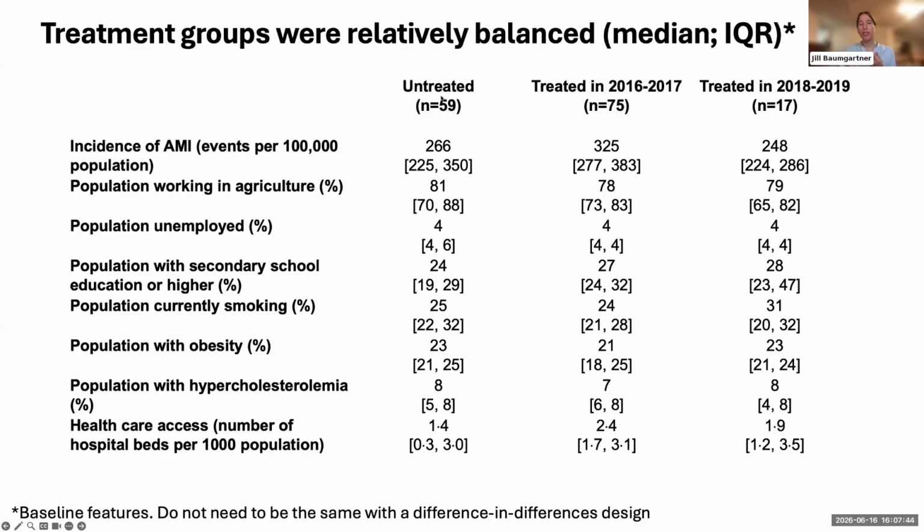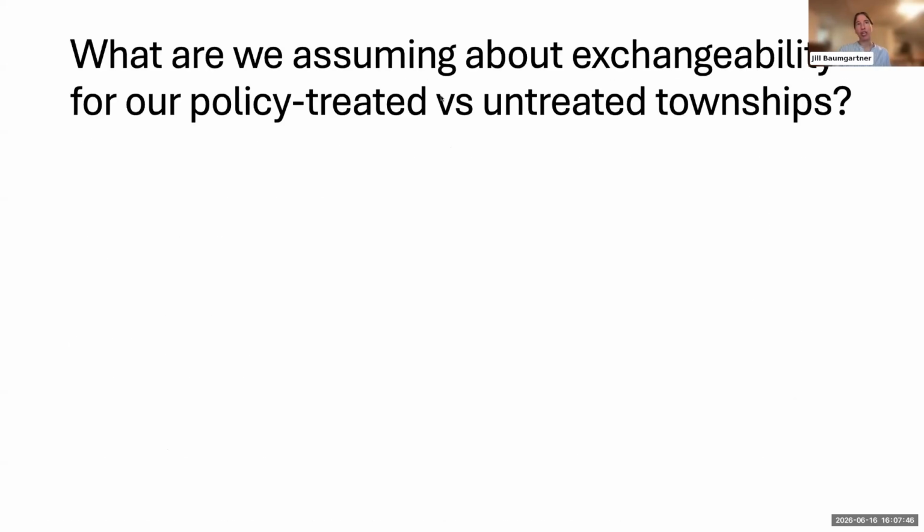So what are we assuming about exchangeability in these treated versus untreated townships? If we want to compare outcomes over time, what are we assuming? I'll give you some time to put this into the chat.